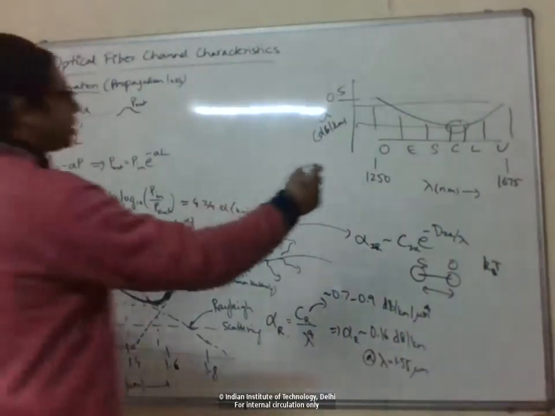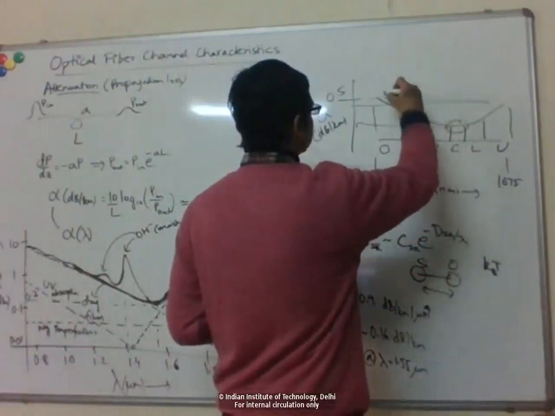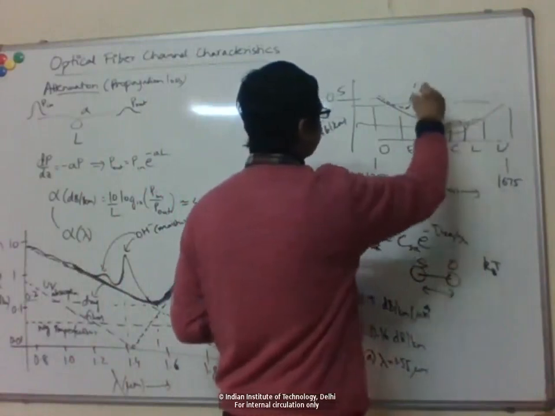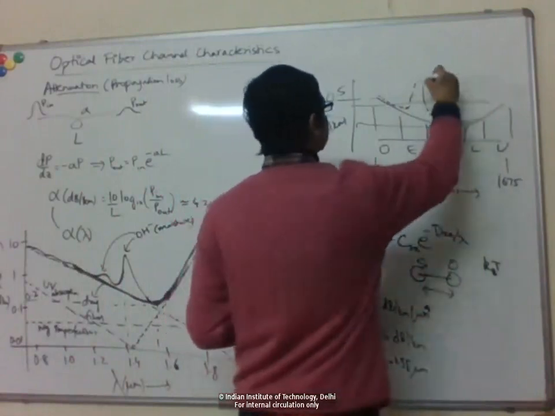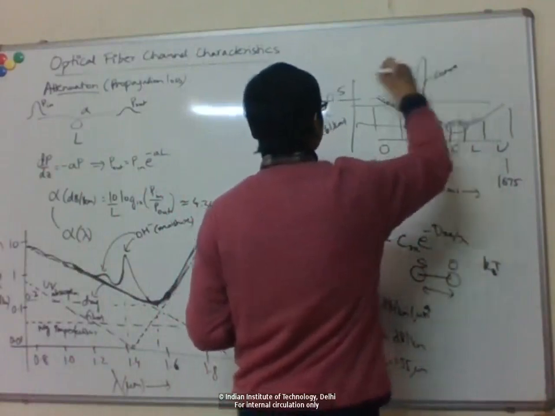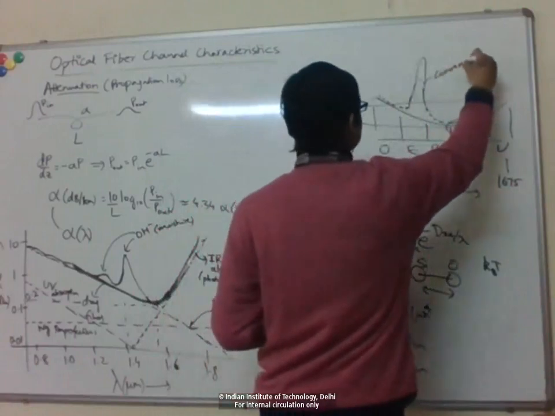Right, so these dry fibers, so the conventional single mode fiber has some peak here around 1.4 micron. This peak goes above like 1 dB to a few dB per kilometer loss.